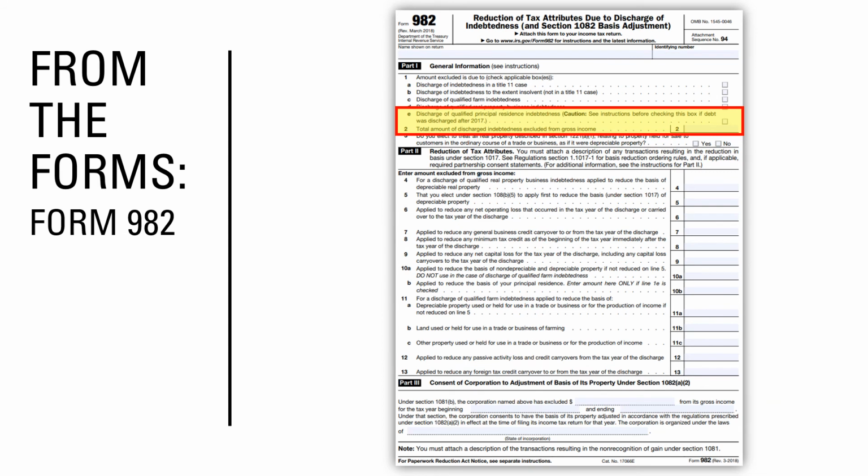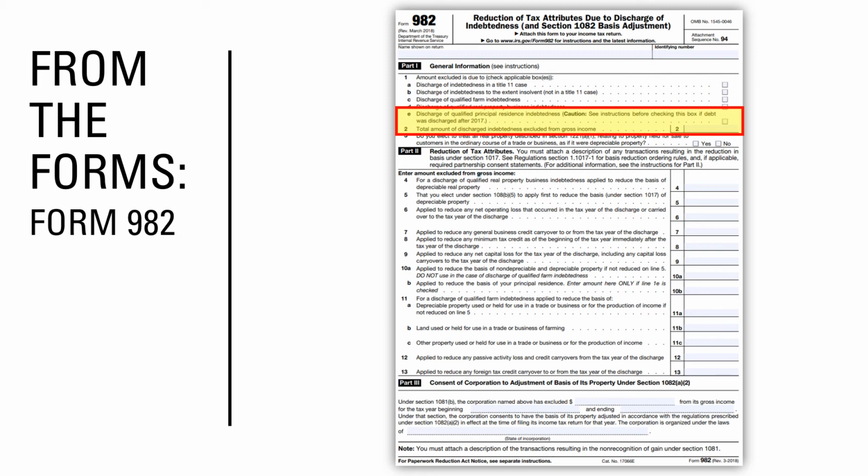Next, we need to look at Form 982. And as we talked about at the beginning, if we have recourse debt or debt that the taxpayer is liable for, if that debt is forgiven, it could result in ordinary income. And in order to exclude that from income, they would need to fill out Form 982.